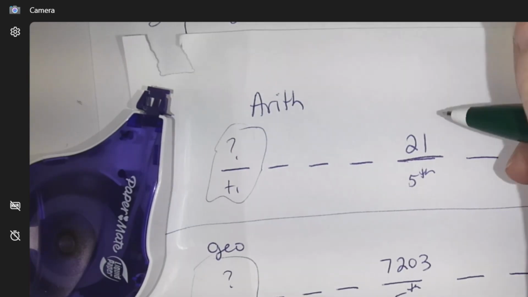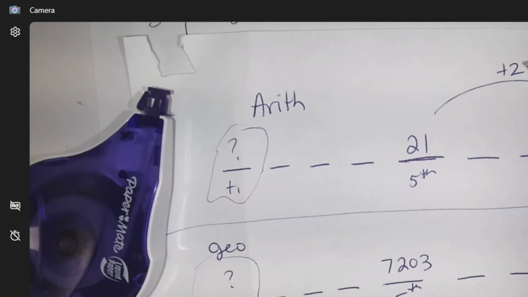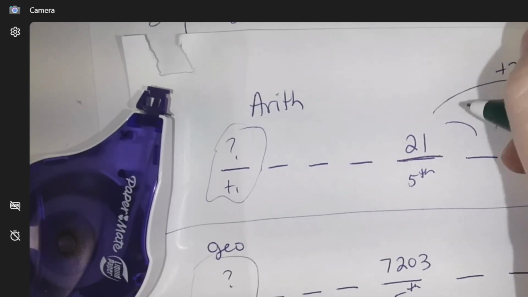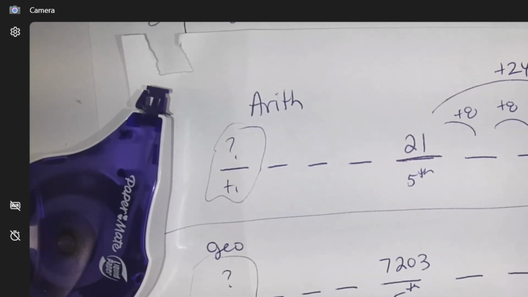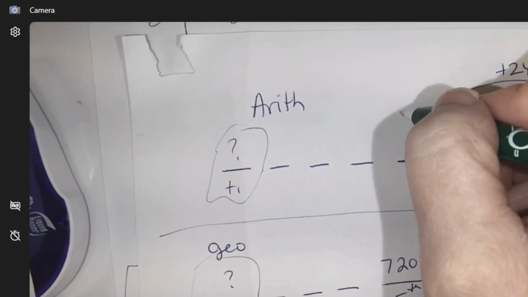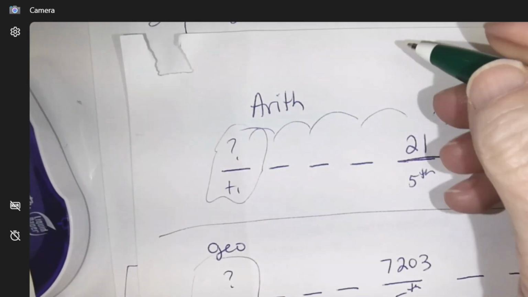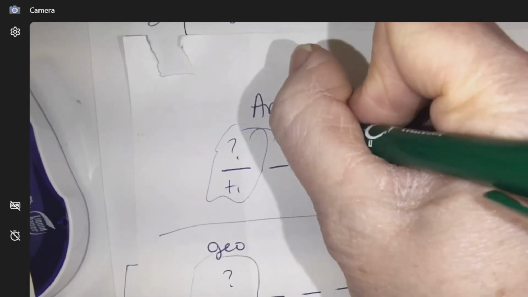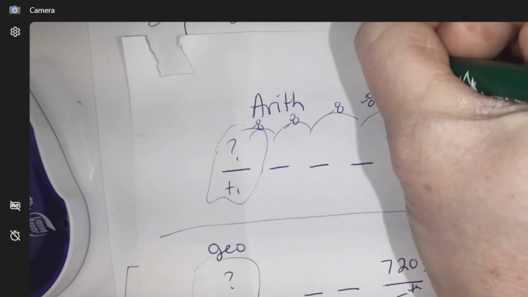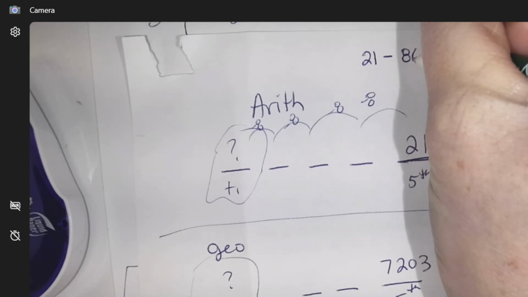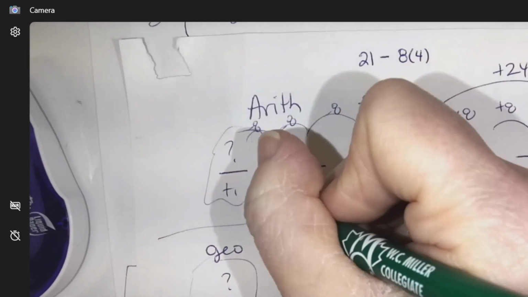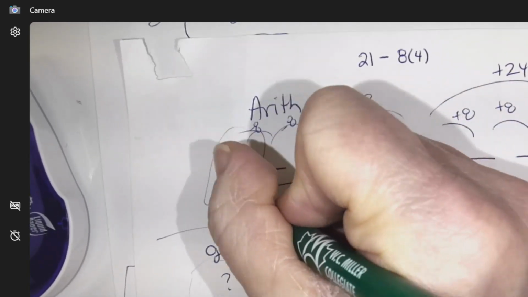Okay, so this one would have been that you went up 24. So if I do that with 3 jumps, it means the common adder was 8. So then to go backtracking, I would have to go down 8, down 8, down 8, down 8. So I could go 21, subtract 8 times 4 maneuvers, getting me to a term 1 of negative 11.